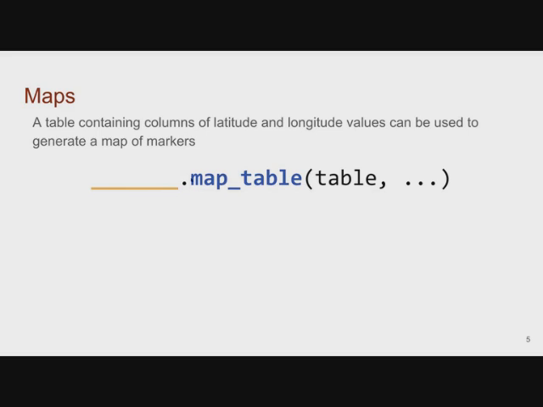We can call the map table method on two different objects, and that object is either going to be a marker or a circle. The marker looks like a little Google teardrop marker, and the circle is just a circle.